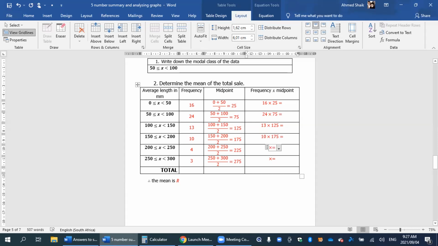Our fifth interval, we have a frequency of 4 times a midpoint of 225. And our last interval, we have a frequency of 3 multiplied by a midpoint of 275.